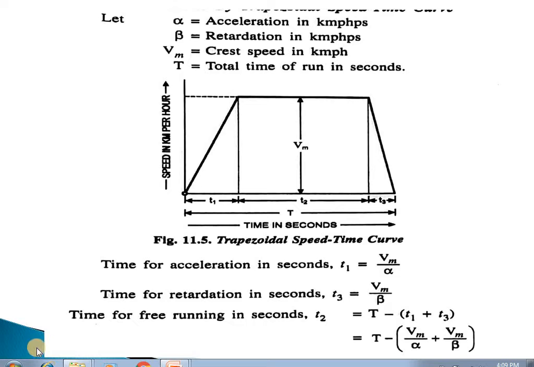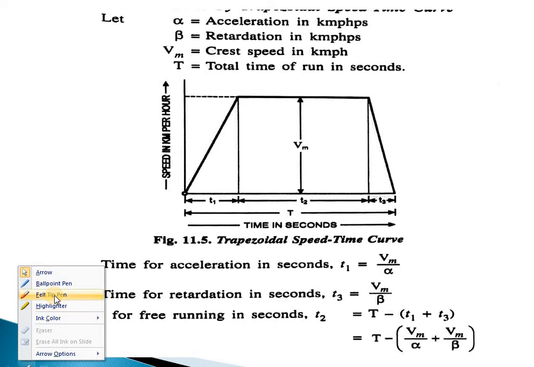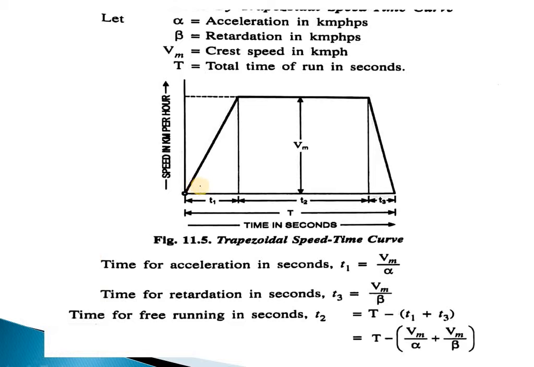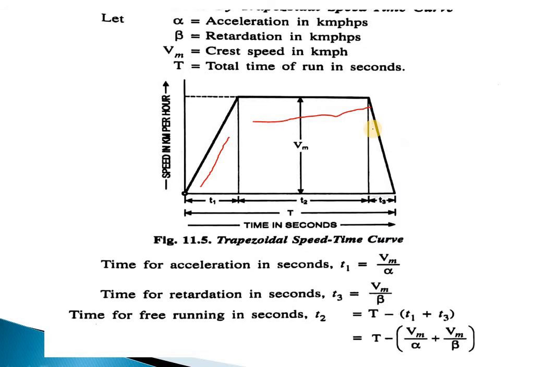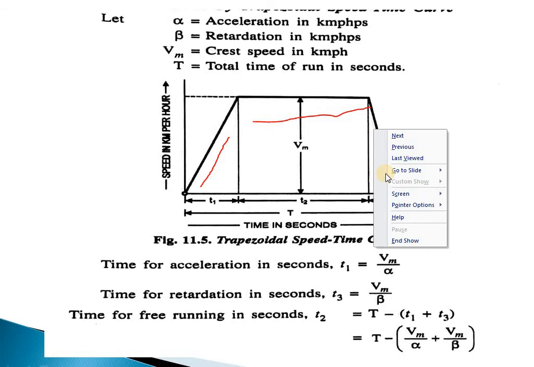In this total portion, the total timing is mainly divided into three parts. The first portion is the acceleration time, T1. The second part is the free running time, the T2 portion. And the T3 portion is basically the braking time, which includes the braking portion.